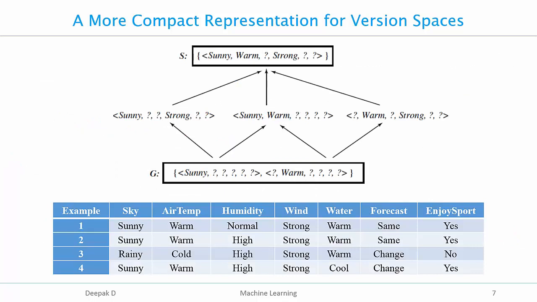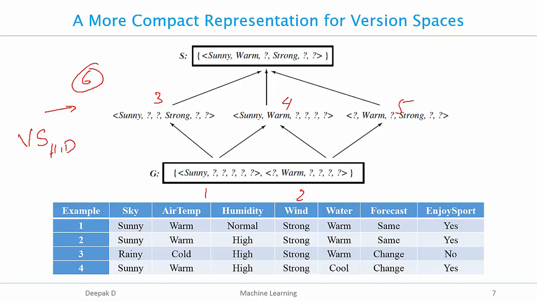See, in this diagram you can see a set of hypotheses, that is a version space, which is defined with respect to your hypothesis space and D. What does it consist of? It consists of 6 hypotheses: 1, 2, 3, 4, 5 and 6.